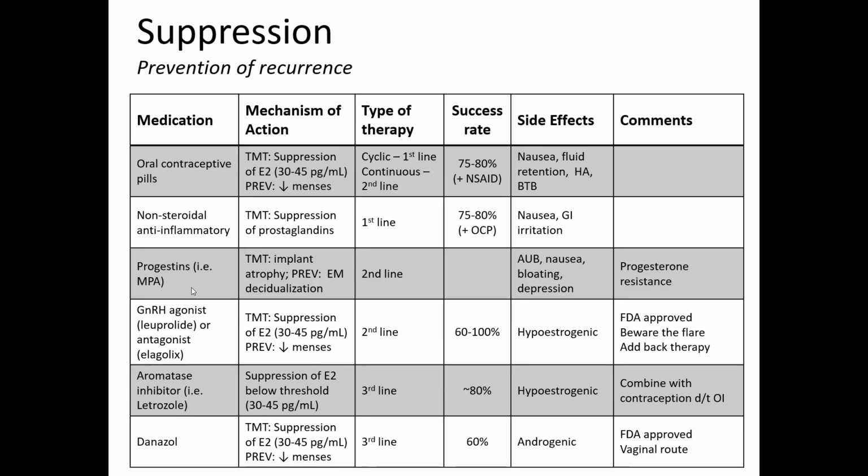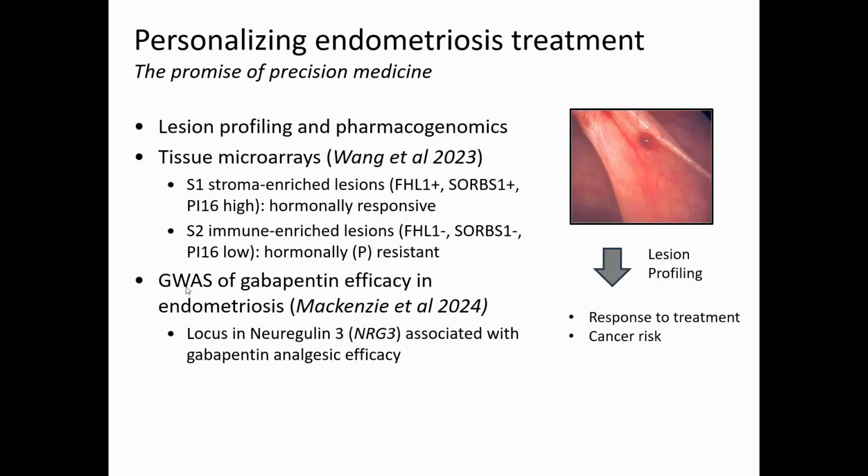Unfortunately, we don't really have a great triaging system to know what might be the right medical or hormonal approach for a given patient relative to another patient. And there's increasing attention being given to towards personalizing endometriosis treatment.